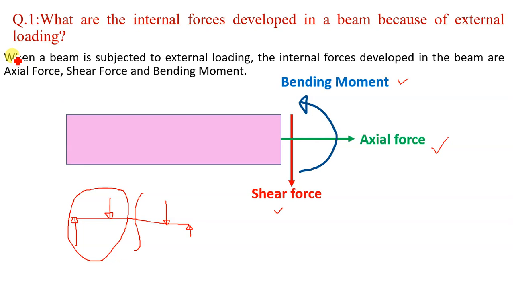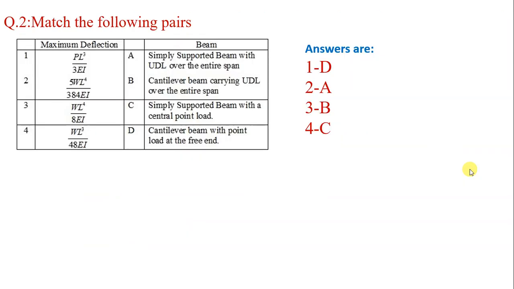Hence the correct answer is that when a beam is subjected to external loading, the internal forces developed in the beam are axial force, shear force and bending moment. In structural analysis, while analyzing a beam, normally we ignore the axial force and consider only shear force and bending moment. But the correct answer is that there are three internal forces: shear force, axial force and bending moment.